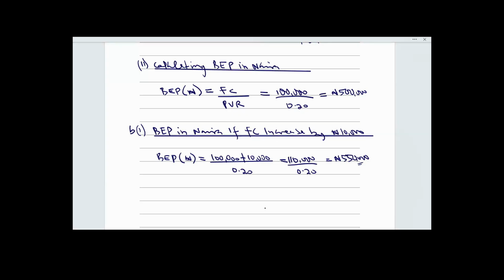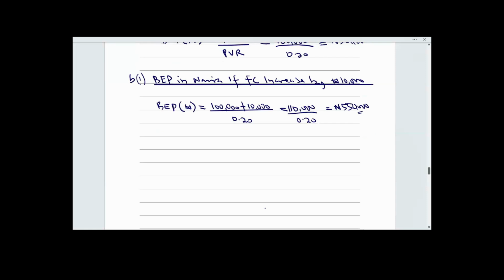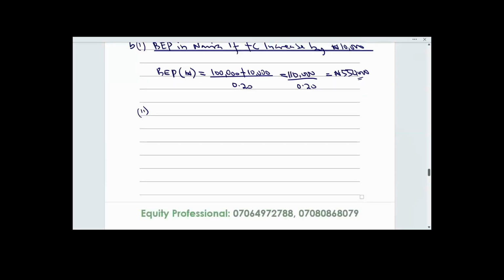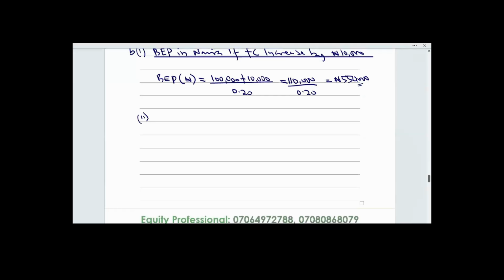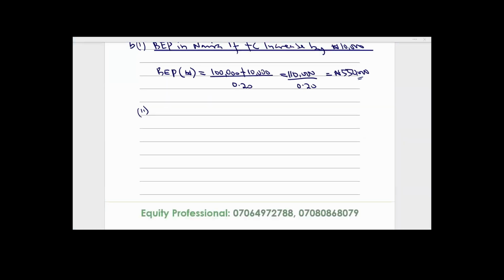Number B2. You are told that the company is considering another proposal for modernizing its existing plants. This will need additional fixed costs of 25,000 naira, with the expectation of saving the same amount in each of the direct material and direct labor costs.